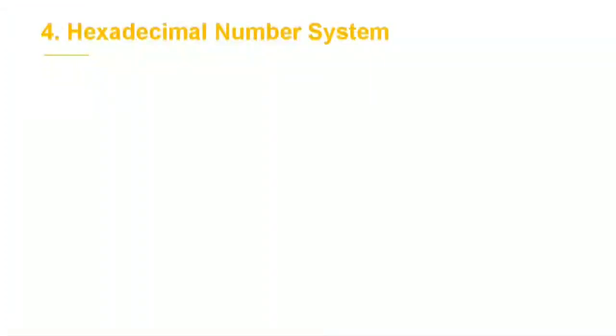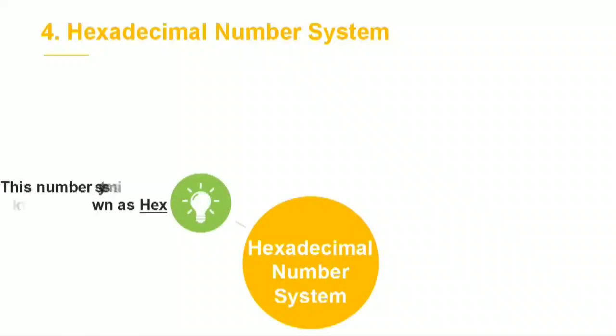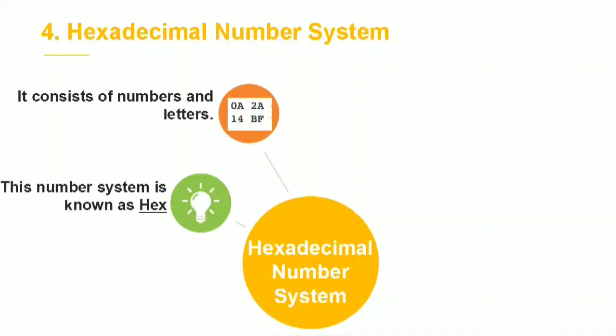Now moving ahead, let's start with hexadecimal number system. This number system is known as hex. It consists of numbers and letters.